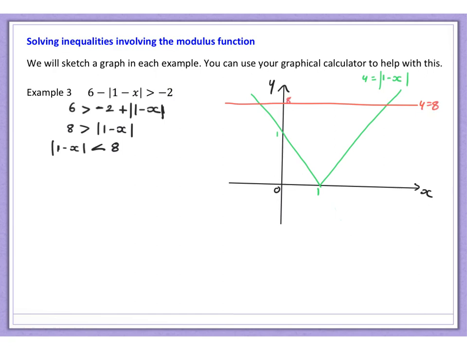Let's label the two wings of my graph. Now this wing here has the equation y equals negative 1 minus x, and this wing here has the equation y equals 1 take away x. How do I know which is the right way round? Well, look at this portion over here, which I'll highlight in red, and you can see it's got a negative gradient and a y-intercept of 1.